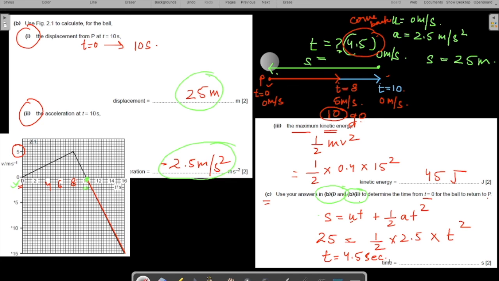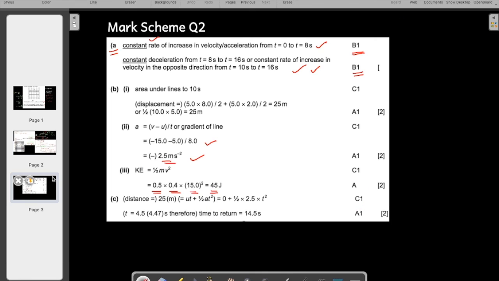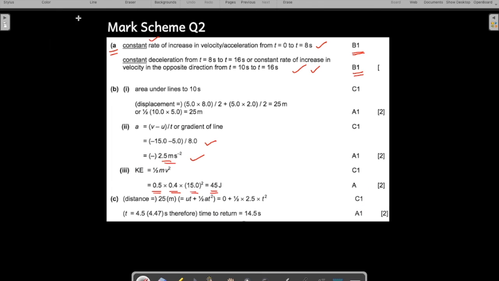So the total time taken should be 10 plus 4.5, which is 14.5 seconds. Here is your mark scheme, 14.5 seconds. Have a look at the mark scheme and understand it.